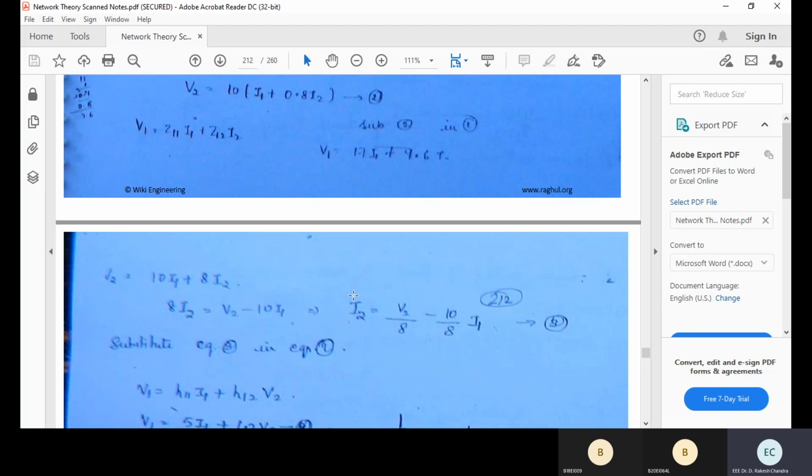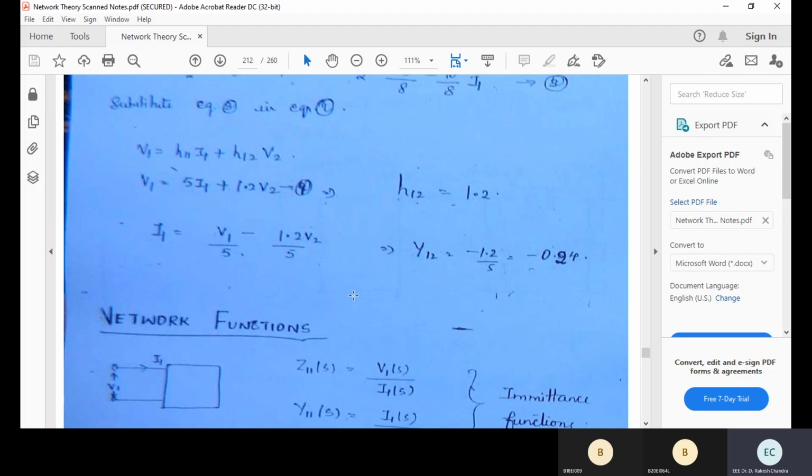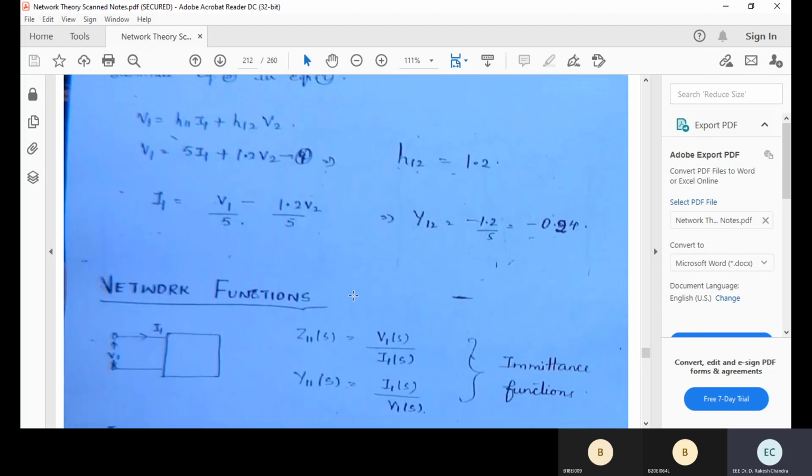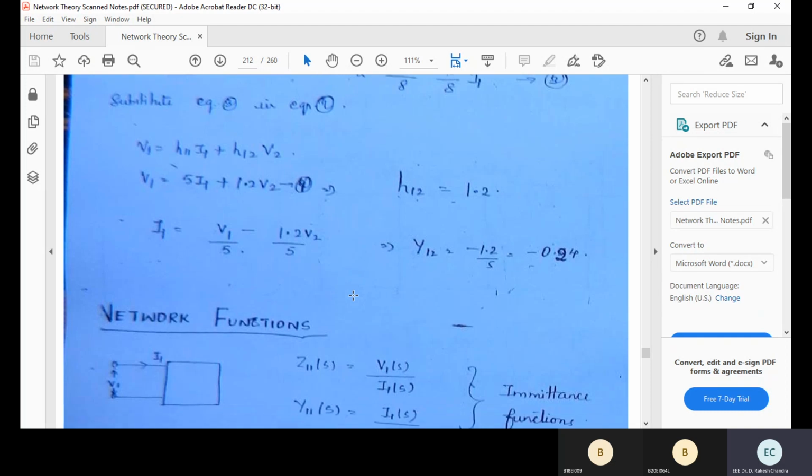If you want to find your Z11, it should be V1 by I1. You have to open the secondary side because I2 is equal to 0. For any complicated network, we can find out the Z, Y, H and G parameters: open circuit parameters, short circuit parameters, hybrid parameters, and inverse hybrid parameters. In the future, we'll solve more problems based upon this.